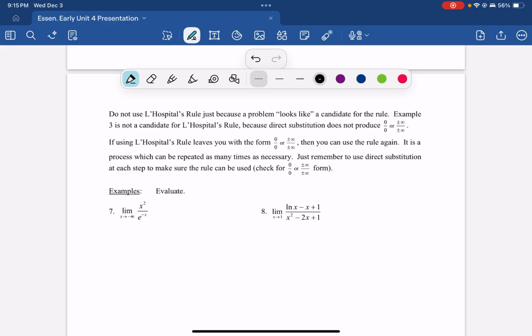And then from there, we take our derivative, everything. And then when we go to take the limit again, we get another indeterminate form. Okay? It can happen. It works. We just need to make sure we keep stating kind of those indeterminate forms.